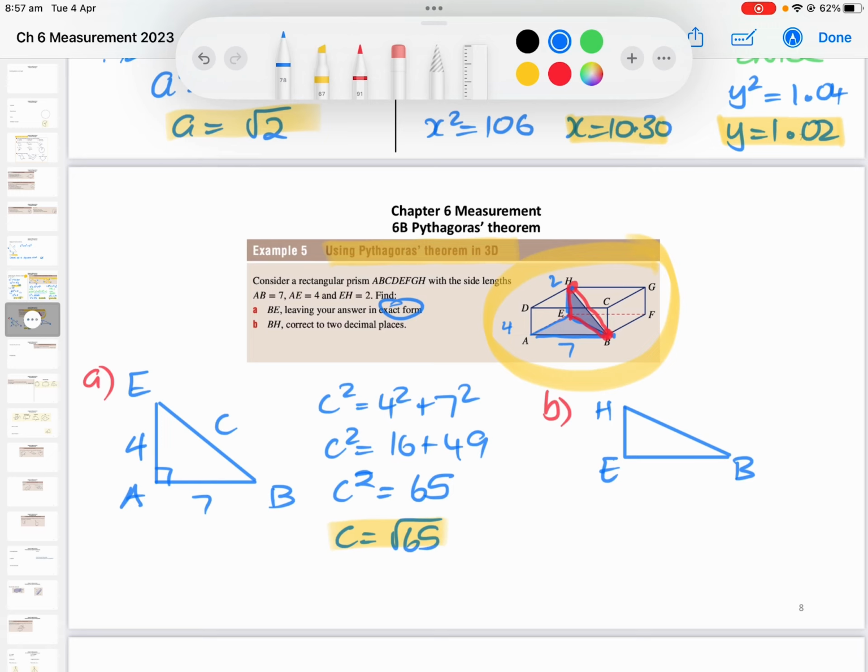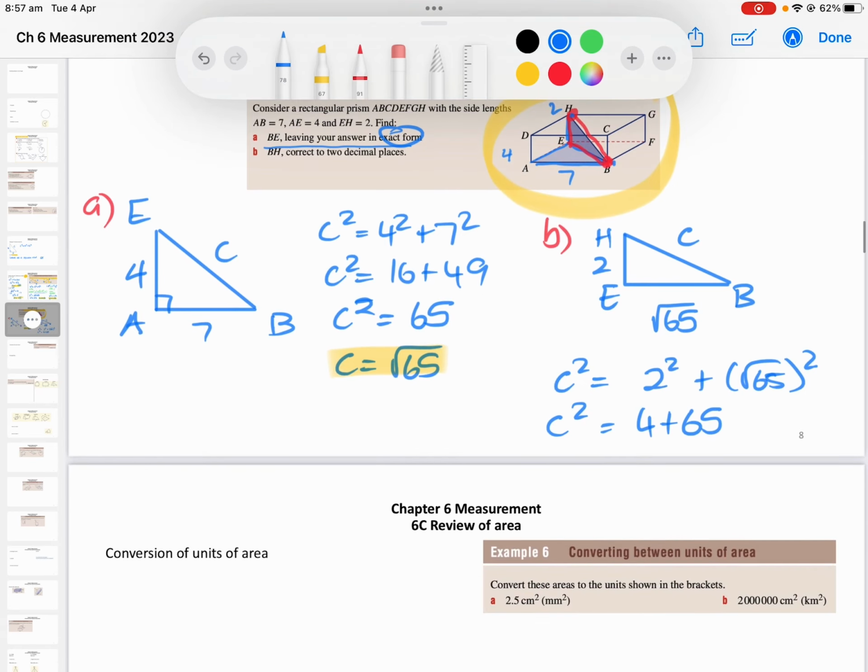I know that B to E, which I found in A, is square root 65. I know that EH is 2, so I want to find this distance here, C. C squared equals 2 squared plus square root 65 squared. So C squared is 4 plus 65, so C is square root of 69.